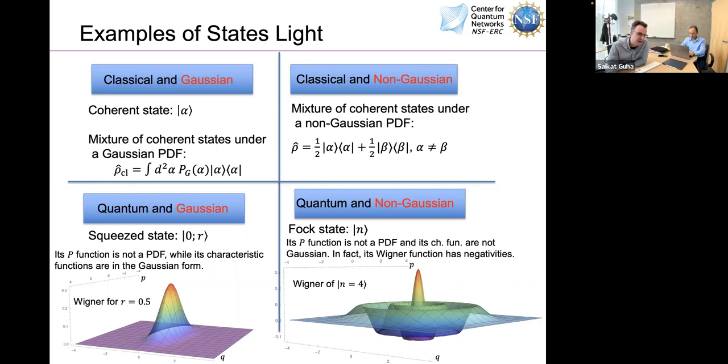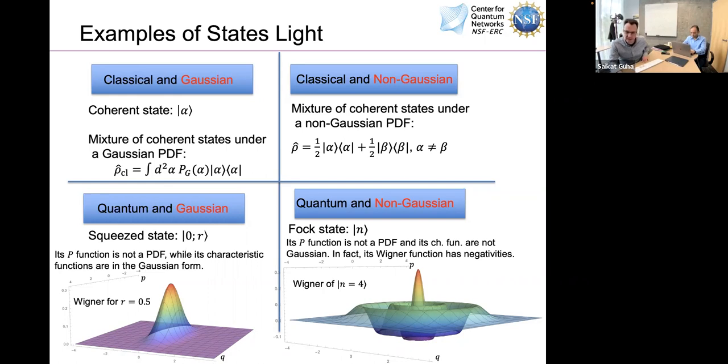In general, you will find that it is a function that looks like a PDF, but it's multiplied by something like -i, where i is the imaginary unit. So the P function is not a proper PDF for the single mode squeezed state or for any other kind of squeezed state.